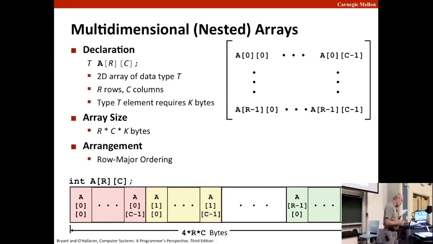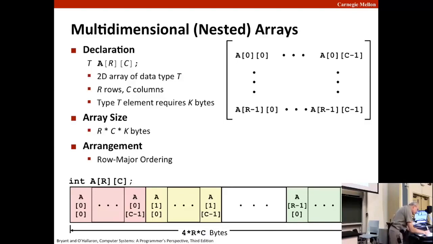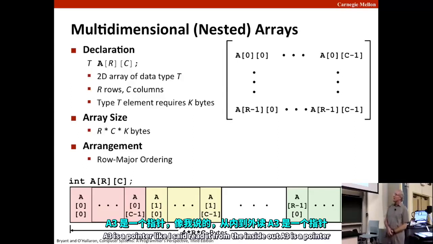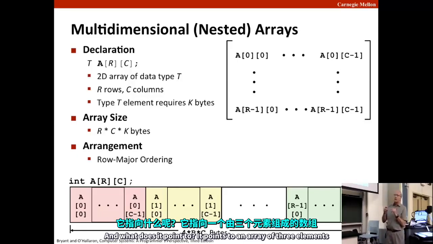Okay? So we can diagram A3 to be something like this. A3 is a pointer. Like I said, read it from the inside out. A3 is a pointer. And what does it point to? It points to an array of 3 elements.